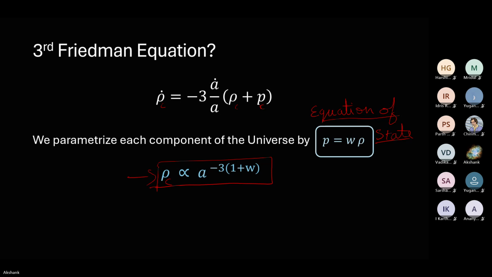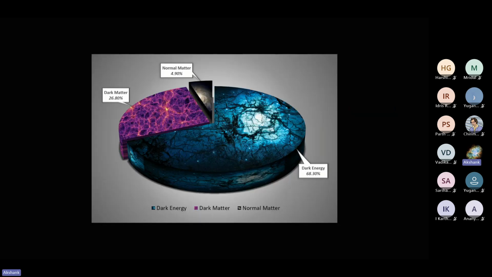Now, you all must have seen this pie chart in some form or the other. These are your cosmic constituents, or as I like to call them, cosmic ingredients. You have your normal matter.